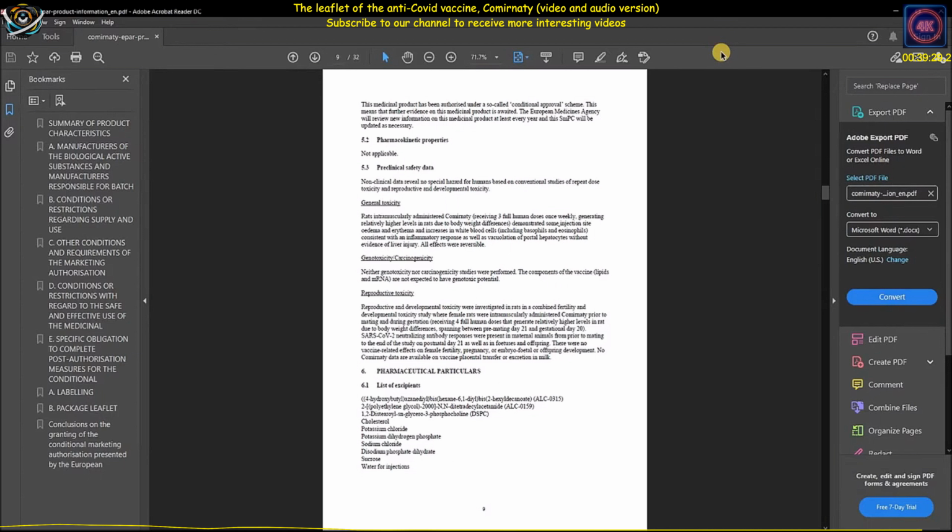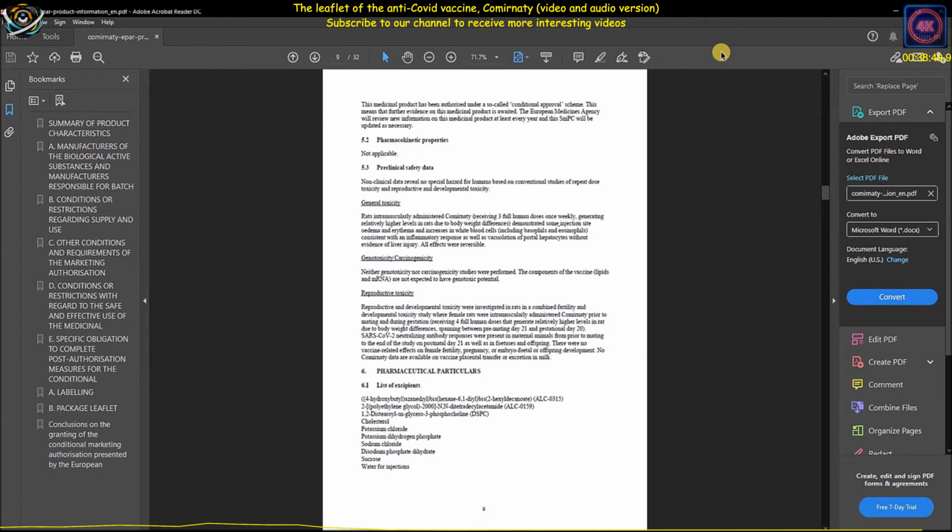Genotoxicity/carcinogenicity. Neither genotoxicity nor carcinogenicity studies were performed. The components of the vaccine, lipids and mRNA, are not expected to have genotoxic potential. Reproductive toxicity. Reproductive and developmental toxicity were investigated in rats in a combined fertility and developmental toxicity study where female rats were intramuscularly administered Comirnaty prior to mating and during gestation, receiving 4 full human doses that generate relatively higher levels in rat due to body weight differences, spanning between premating day 21 and gestational day 20.